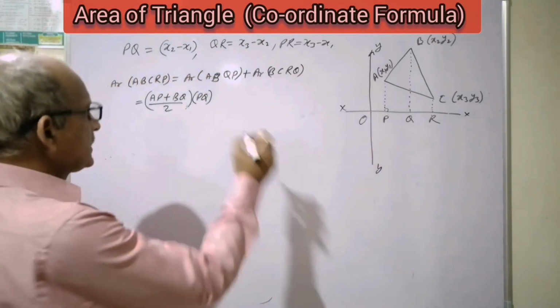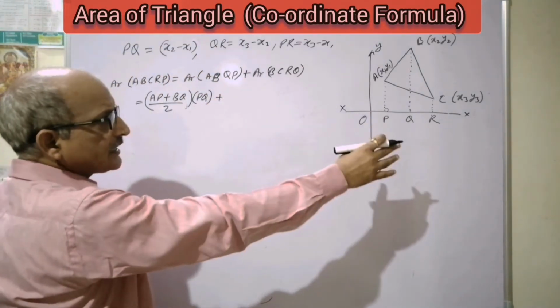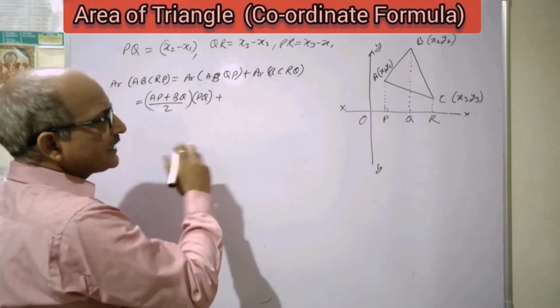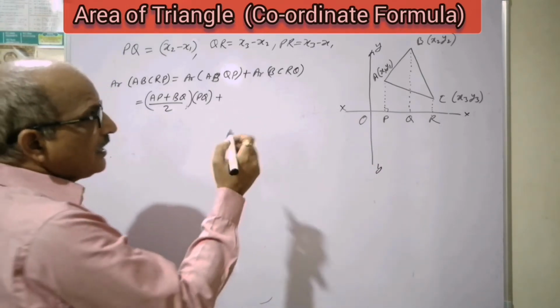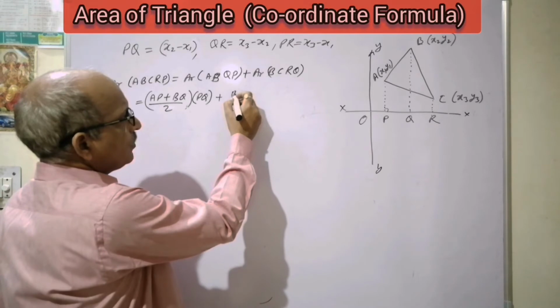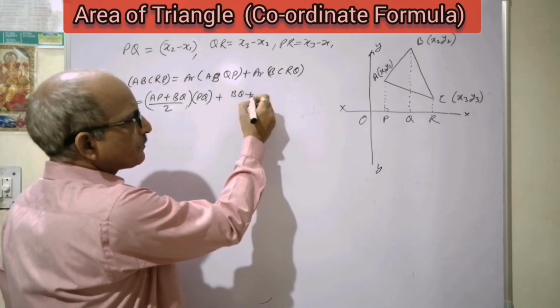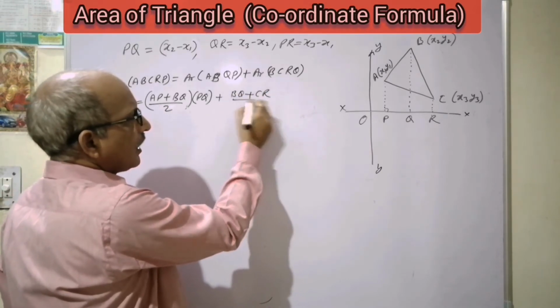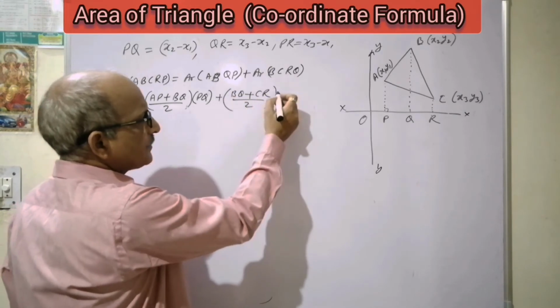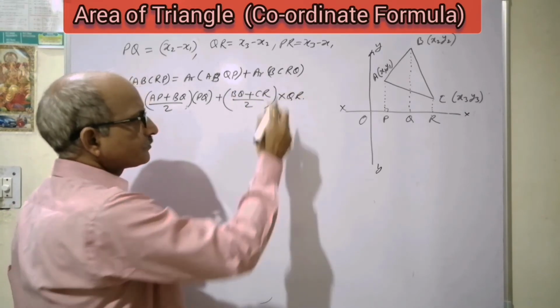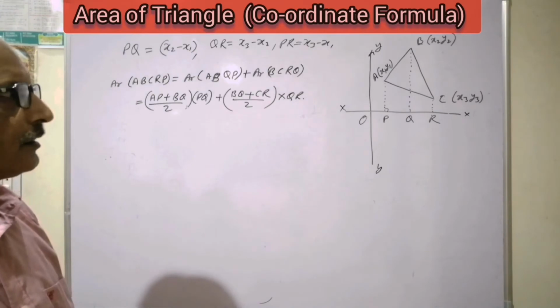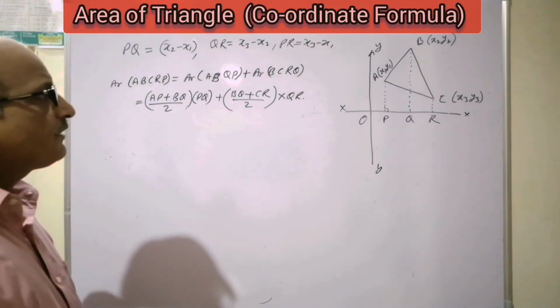So that is PQ, plus next is BCRQ. The area of trapezium BCRQ is again BQ, one side, plus CR, parallel to it, upon 2 into the distance between them, that is QR. Now put the values.